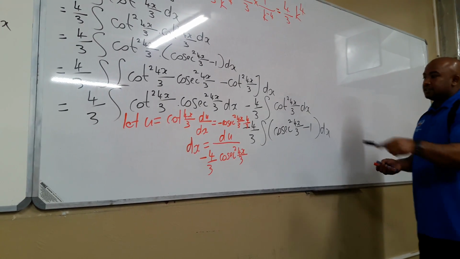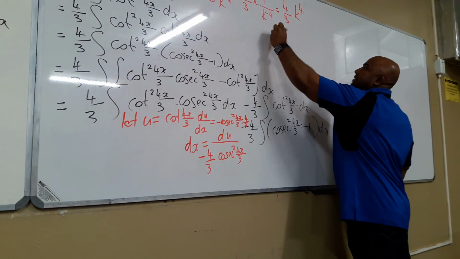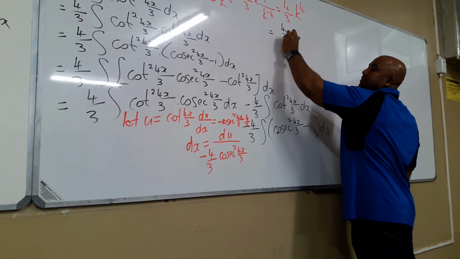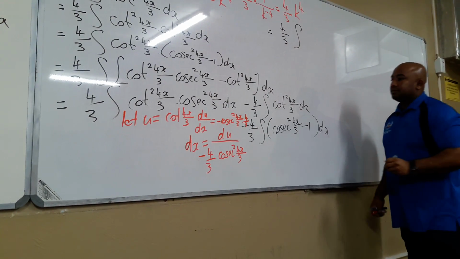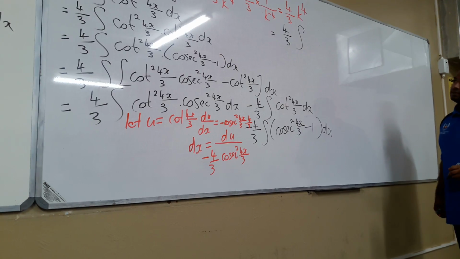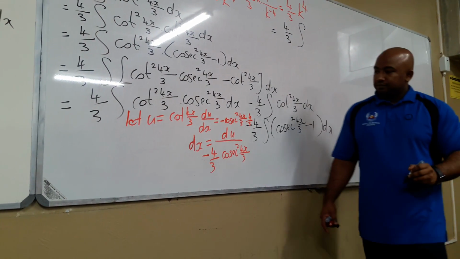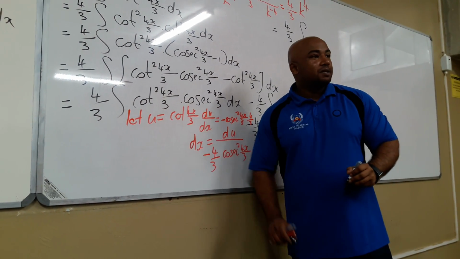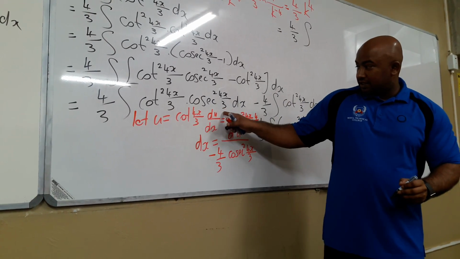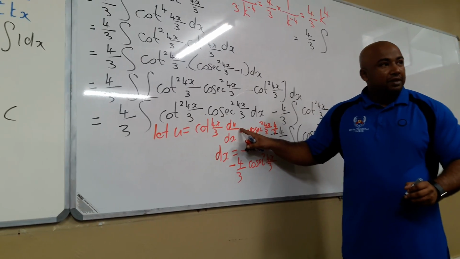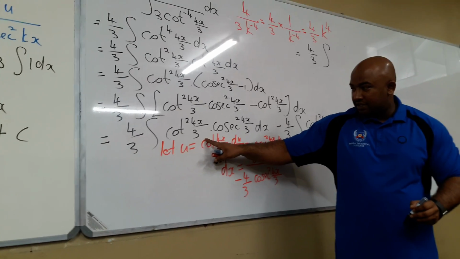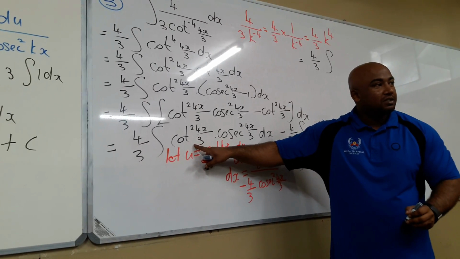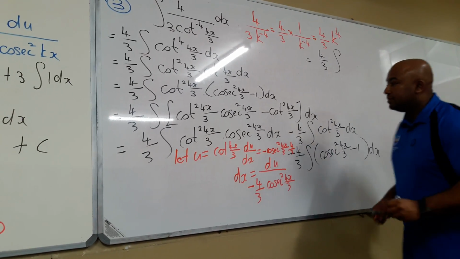Now let me just write this out in one line first. Okay. So now, I'm going to use my substitution. This part here is type A. Only here will I substitute. I will replace cot with u.